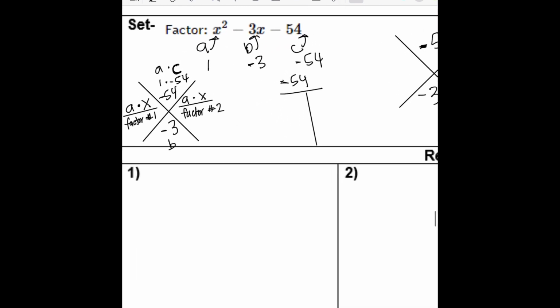So the possibilities to multiply to 54 are 1 and 54, 2 and 27, 3 and, let's see, well, I don't know.